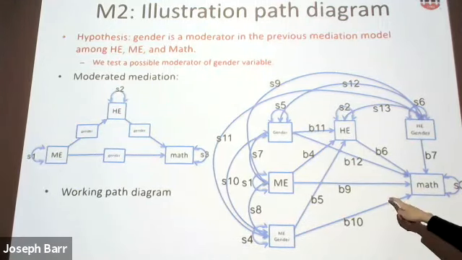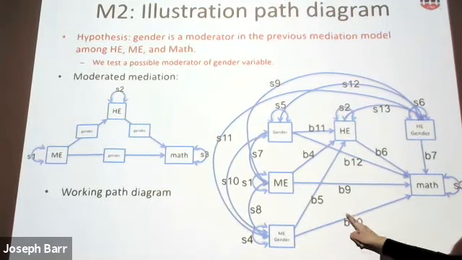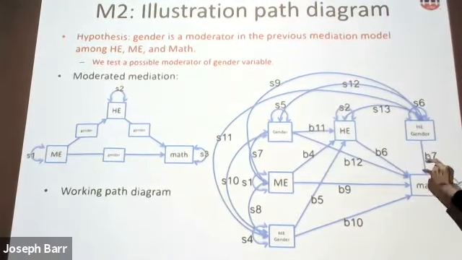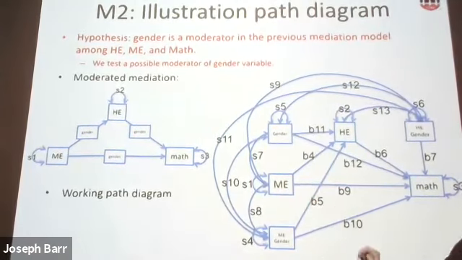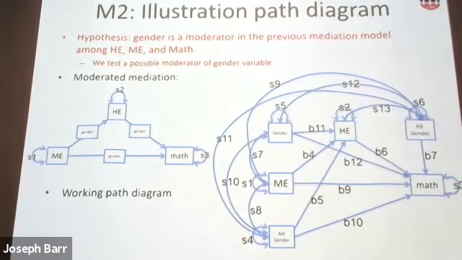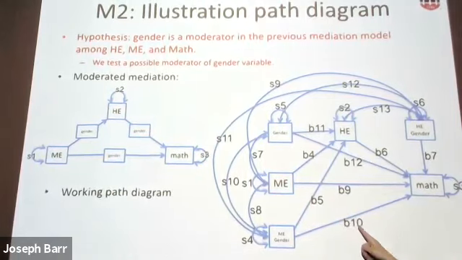And we need to investigate the interaction term between this one and this one. And also this one, yeah, between B7. Yeah, so that means the gender. If this is significant, what does it mean?